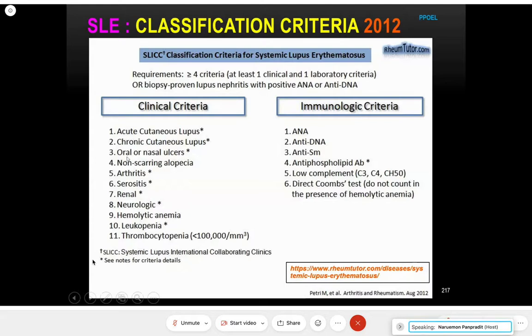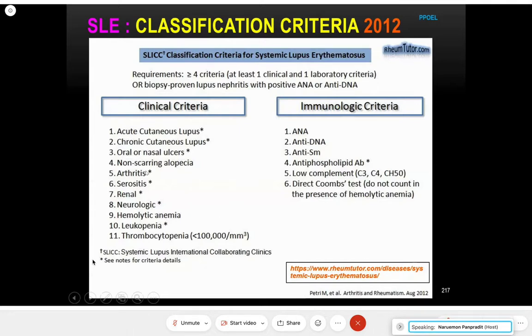For example, one is chronic cutaneous lupus. Another is oral or nasal ulcer, which has a character that looks like lichen. This is one character that can lead us to think about whether the patient has SLE or not.